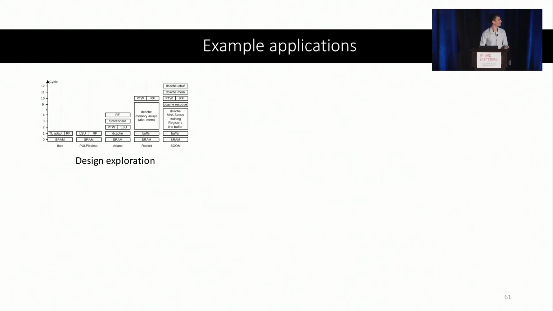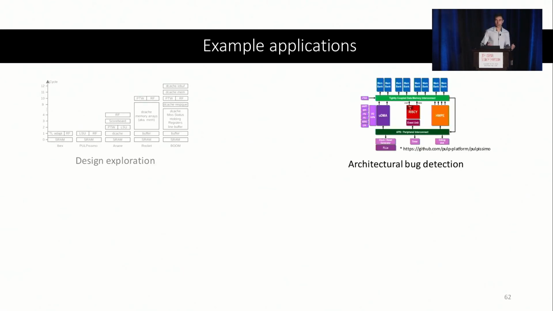Okay, finally, some applications. First, CellIFT allows you very idiomatically to find microarchitectural elements that leak or potentially may leak data. Second application, we took a full-fledged SoC and rediscovered bugs with very simple policies.